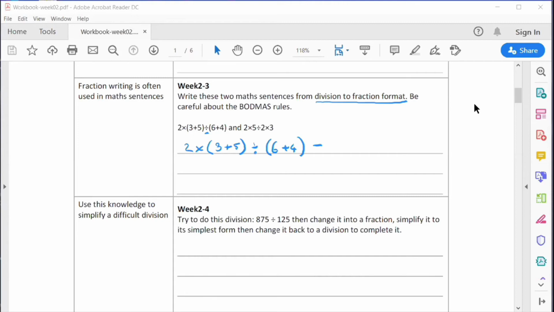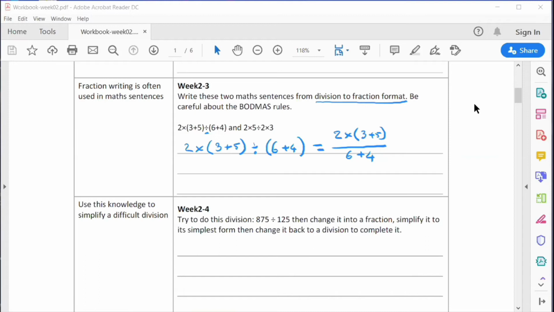All I want you to do is to write them as fraction. So here we have 2 times with 3 plus 5 over 6 plus 4. That should be good enough. You don't really have to calculate the thing. But the reason why I say you have to be careful about the BODMAS rule is because you have to know where the division is, so you can do the conversion.